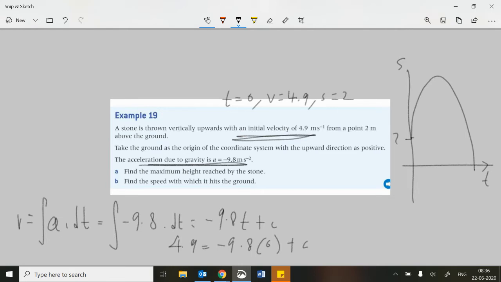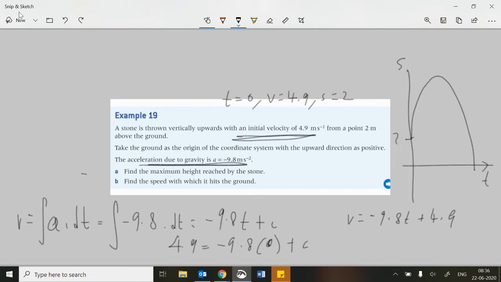So you can see that c is equal to 4.9. So now I've got the formula for velocity: v is equal to minus 9.8 t plus 4.9. That's a 0 there, by the way, not 6. So this is 0, so c is equal to 4.9. Okay, so there's my formula for velocity.